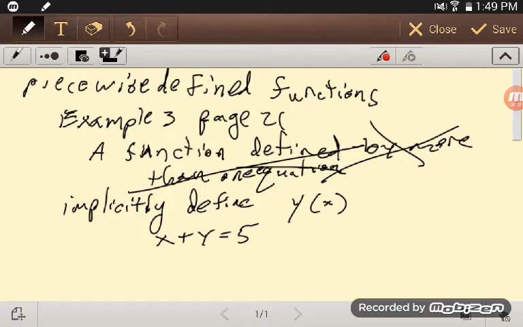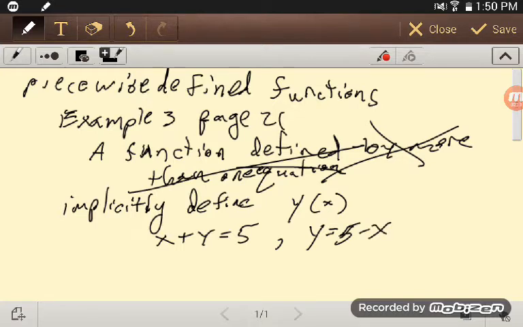And you could say, well, it's not implicit, it's very explicit if I write y equals 5 minus x, and that's an equation and so forth.